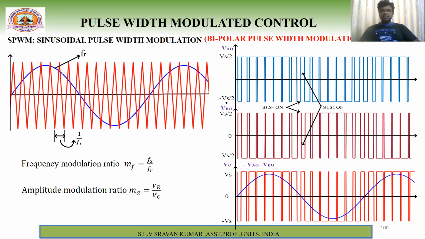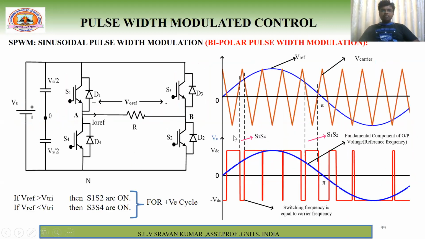But don't count the number of pulses every time. That will sometimes give a wrong answer if you don't have perfection. So it is better to always use this point minus this point, which will give your time period. Make it inverse, then you will definitely get the carrier wave frequency. That is easy. See, in the examination, how you can write, this is most important.